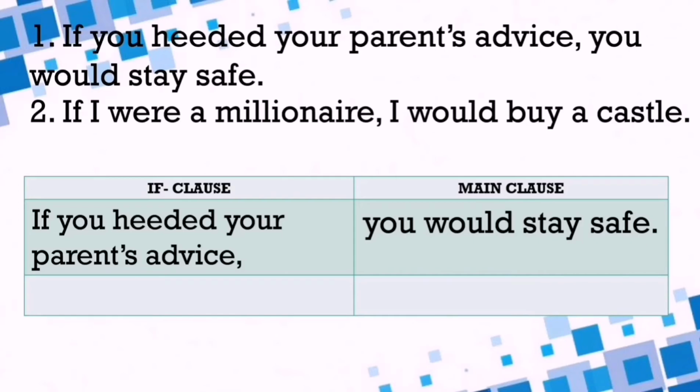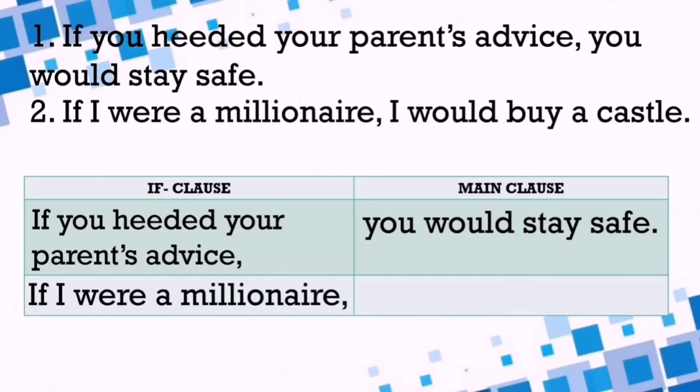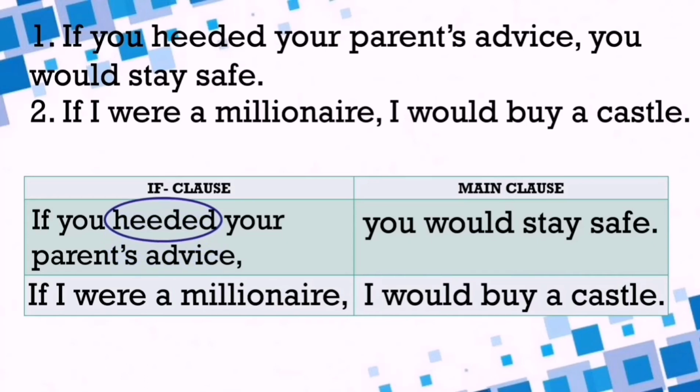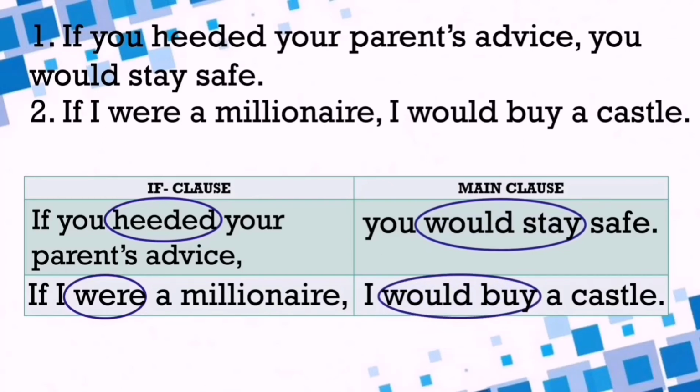For sentence number 2, the if clause is if I were a millionaire, and the main clause is I would buy a castle. The verbs in the if clause are heeded and were, while the verbs in the main clause are would stay and would buy.